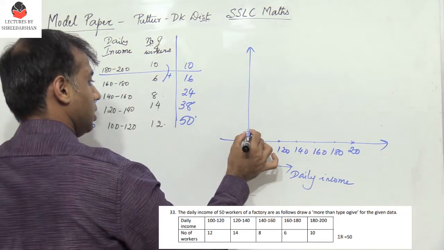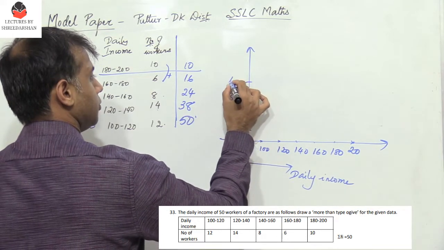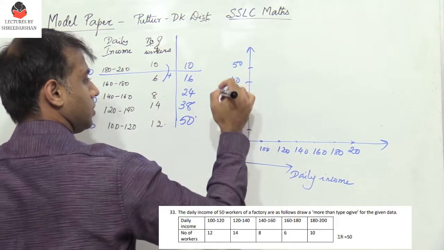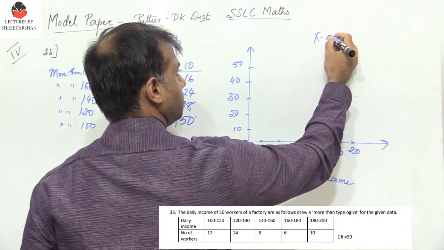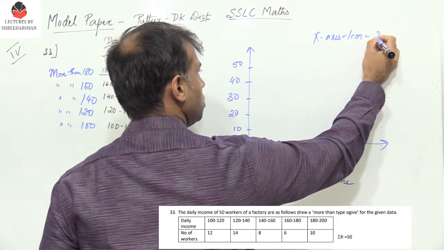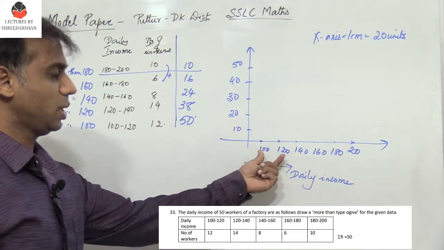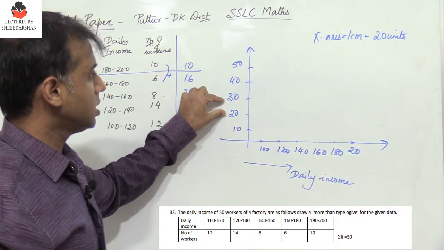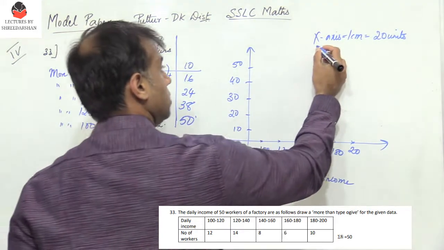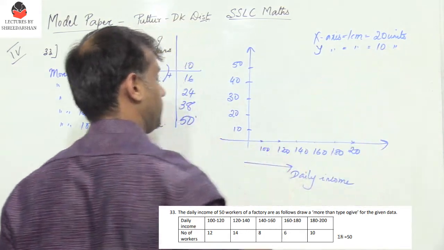Let me have the divisions 10, 20, 30, 40 and 50. On the x-axis, 1 centimeter equals 20 units, and on the y-axis 1 centimeter is equal to 10 units.